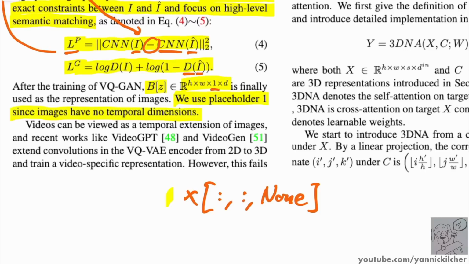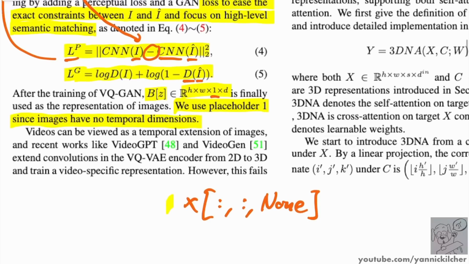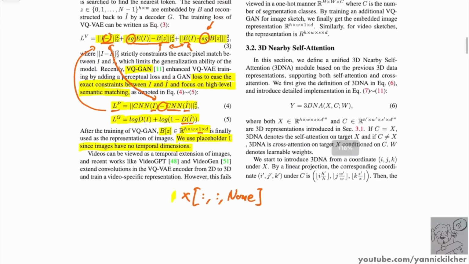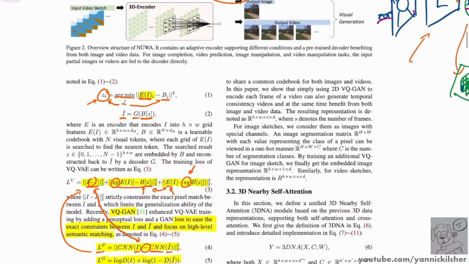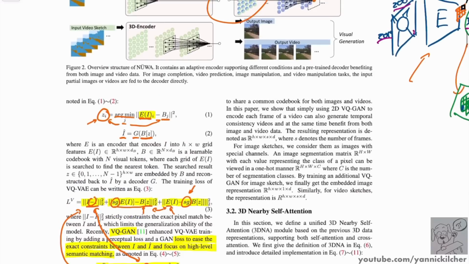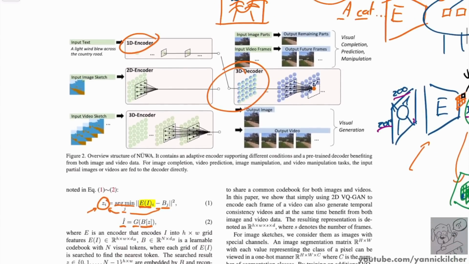But for videos, this 1 would be, I guess, not a 1. So you can bring them into the same space by using dummy dimensions and broadcasting if necessary. So now everything essentially is a 4D latent tensor. You can bring in text, you can bring in images, you can bring in videos.